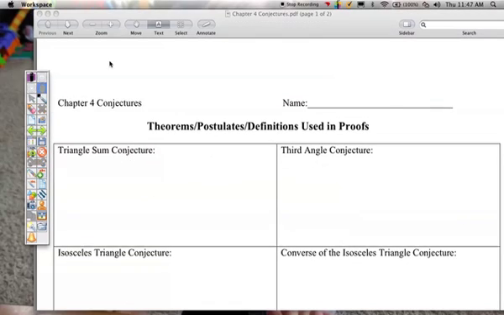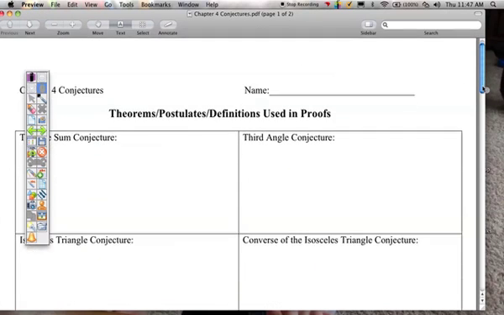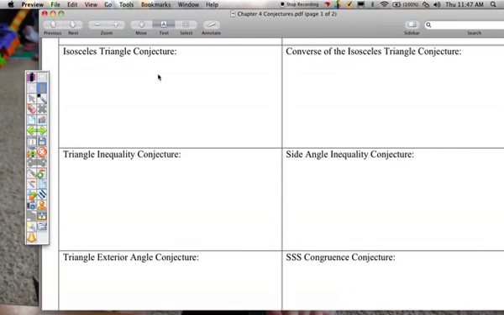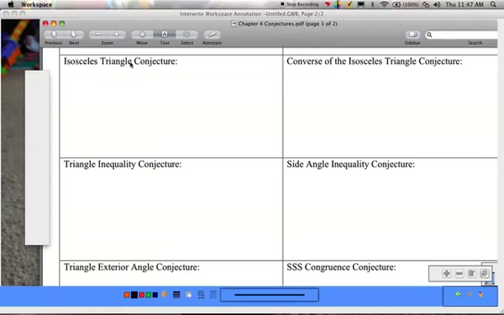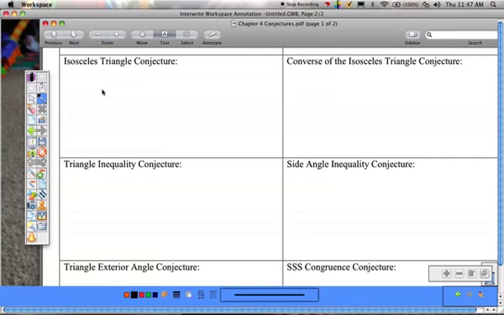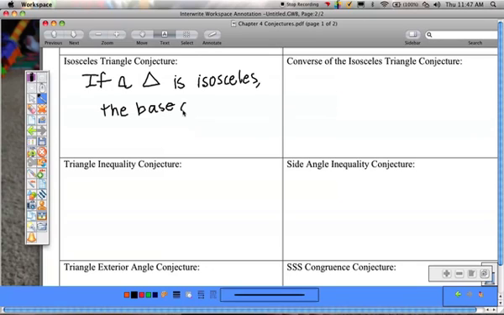Okay. Next one is the isosceles triangle conjecture, which just says if a triangle is isosceles, the base angles are congruent.